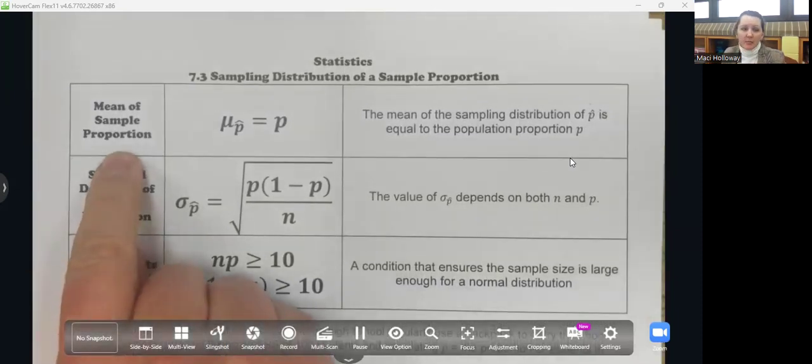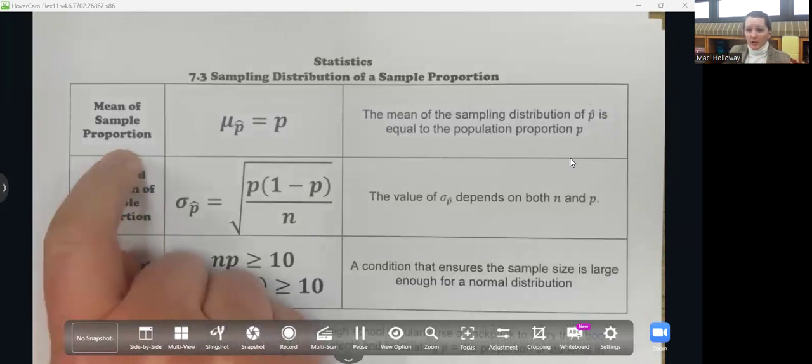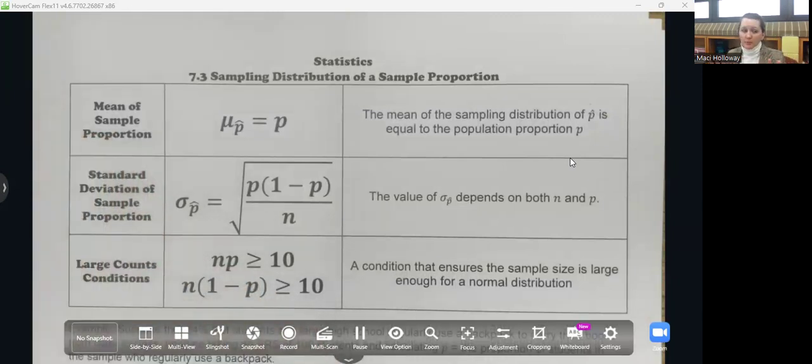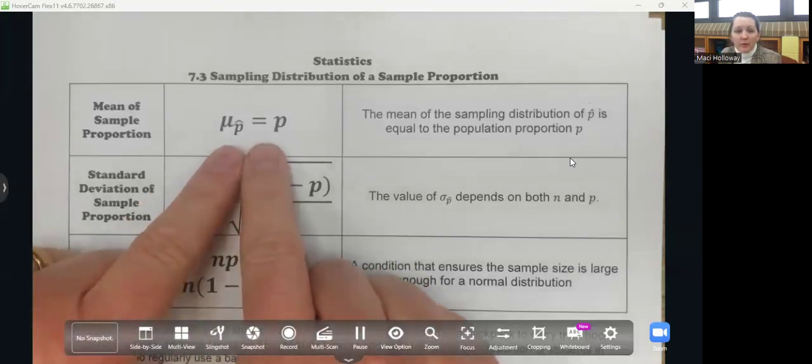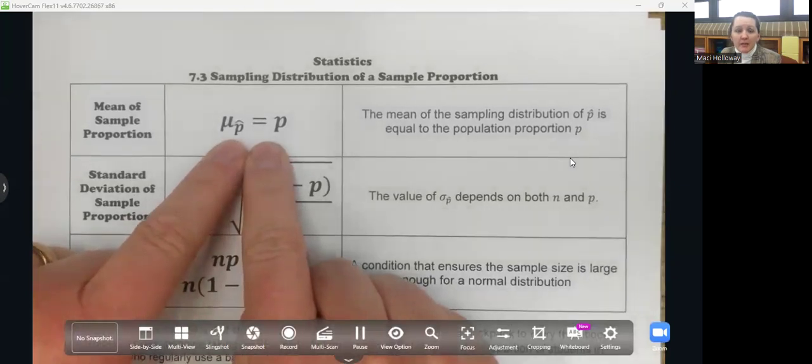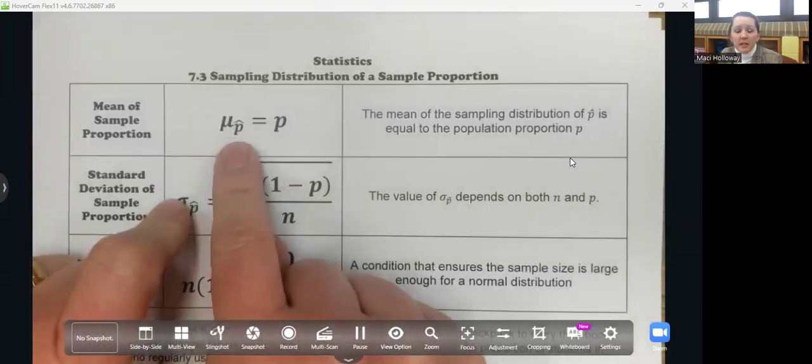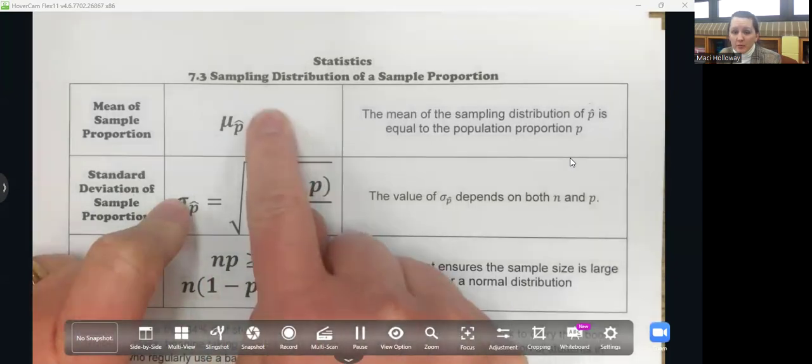As we take a sample proportion, just like we did in the bead experiment, where we tried to see the range of proportions of the orange beads to the total number of beads, we're stating that the mean of the sampling distribution is equal to the population proportion.